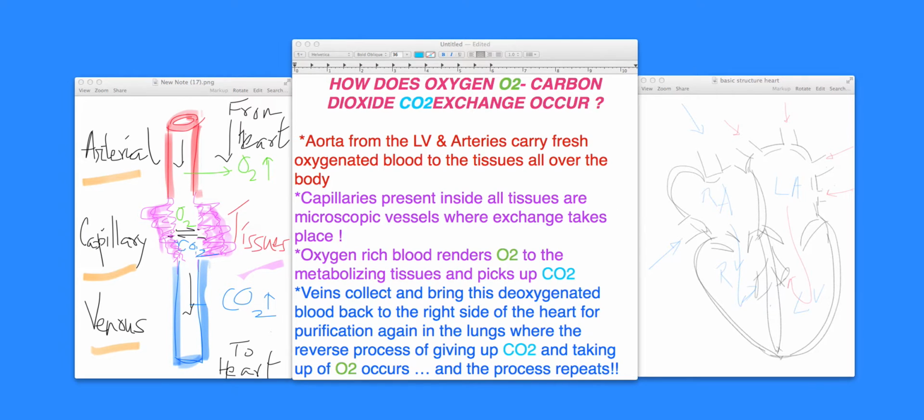Now, when it is brought to the lungs, this is a very important area, a set of capillaries where exchange happens. Remember, this blood was very rich in carbon dioxide, and not rich in oxygen, because it was deoxygenated. So low O2, high CO2. That is brought to the lungs.